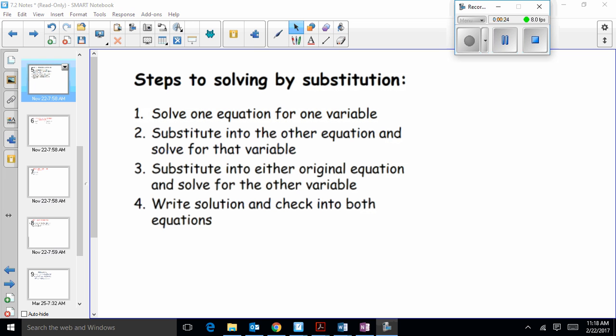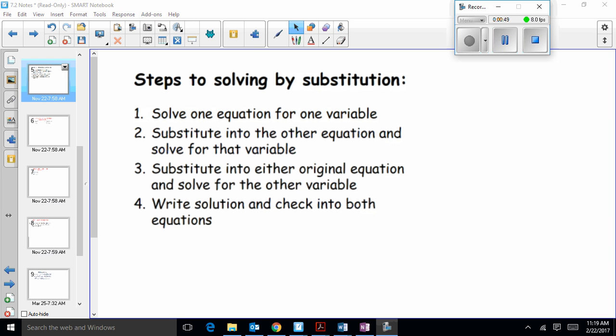So continuing the notes from 7.2, the first step in solving by substitution is you solve one equation for one variable, and then you substitute in the other equation and solve for that variable. So after we have solved for one equation, then we're able to substitute that in to find a variable that's by itself.